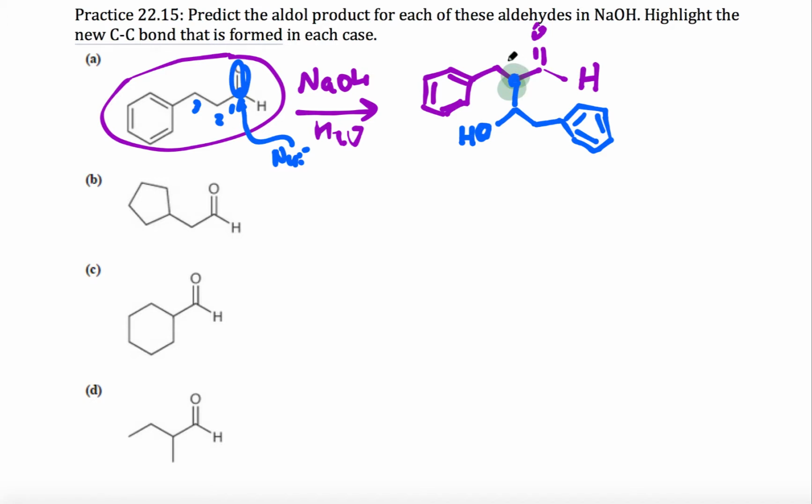You have the alpha carbon of one aldehyde attack the carbonyl of the other. And this is now going to be a beta hydroxyaldehyde or ketone if you start with a ketone. Okay, so it's always that the OH group is going to be beta to the carbonyl group that's remaining, alpha beta.